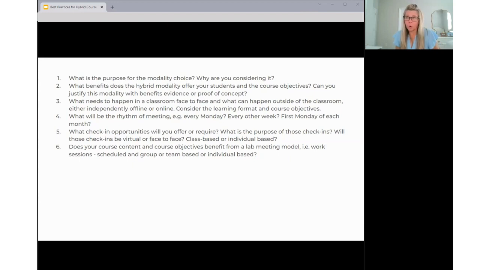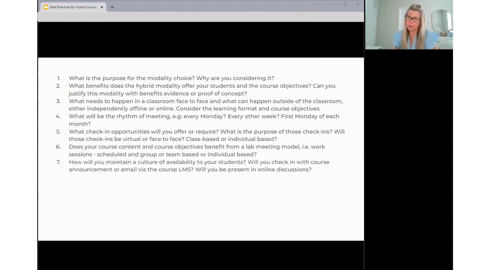That might be a good course to move to a hybrid model where you're checking in with them on their progress, but then you're also having them come into the classroom where they're working independently or in pairs, like a writing boot camp or a research boot camp, where you're bringing them together collectively to individually work on their projects. That's something that might be considered a lab model.